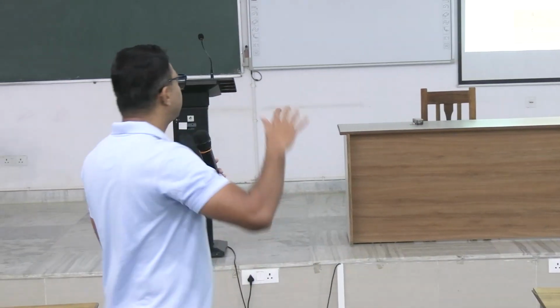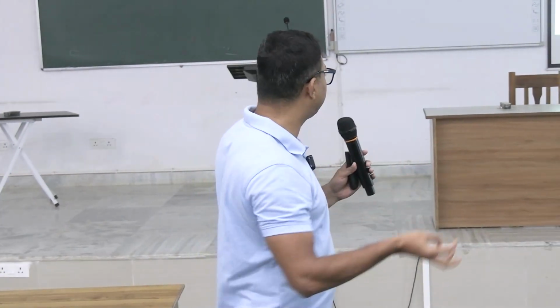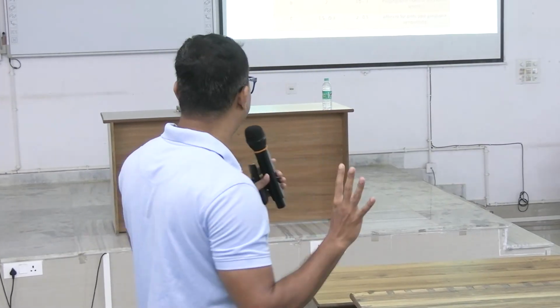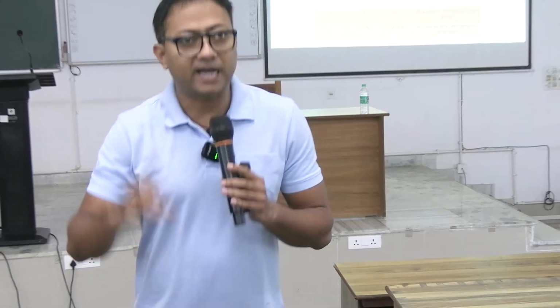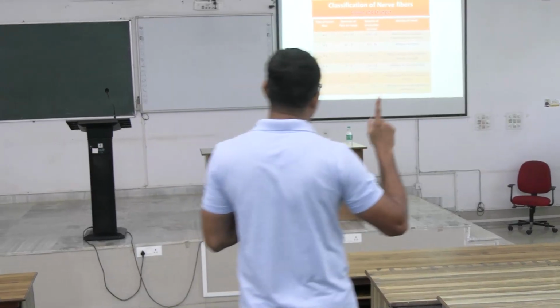So starting from the beginning: A alpha, A beta, A gamma, A delta, then B, then C. These are 6 types of nerve fibers. Among these, A alpha has the highest myelination, which means the highest speed of action potential, and the nerve fiber is also thickest.